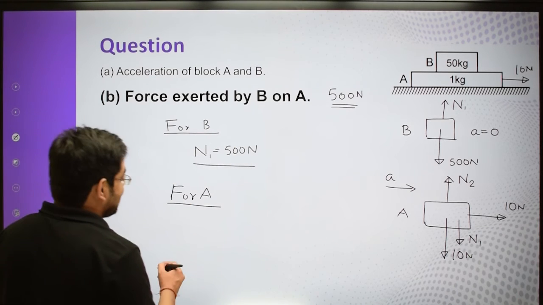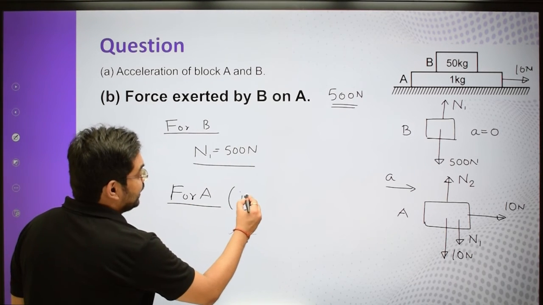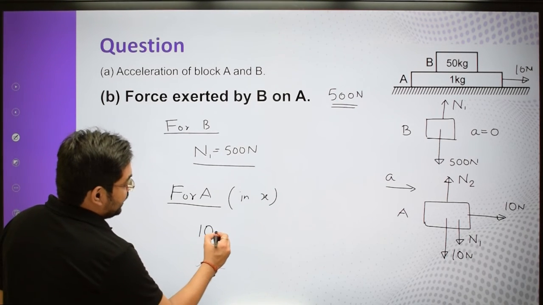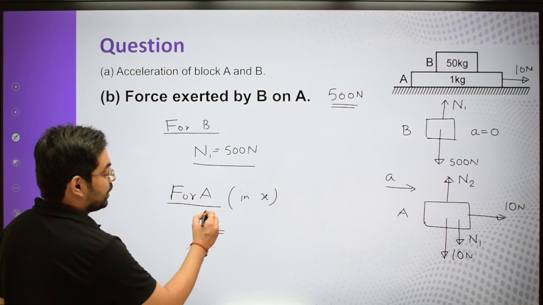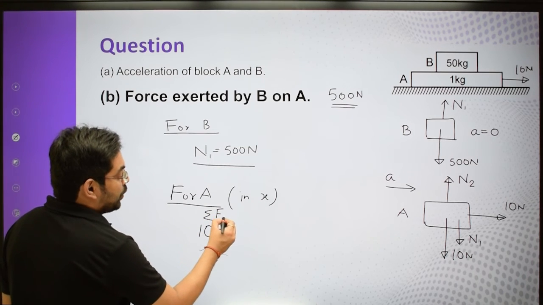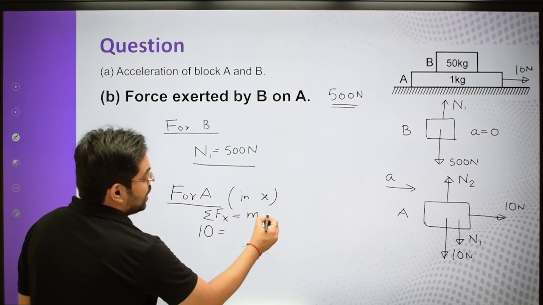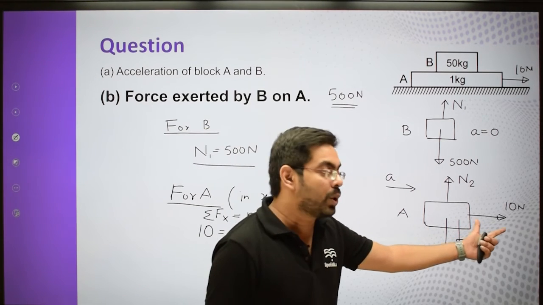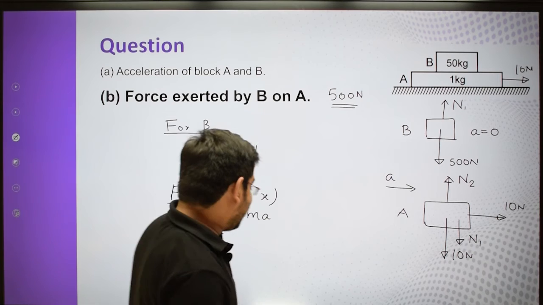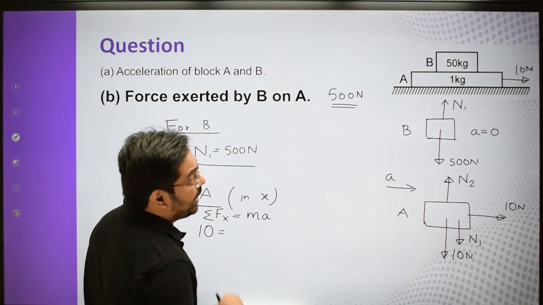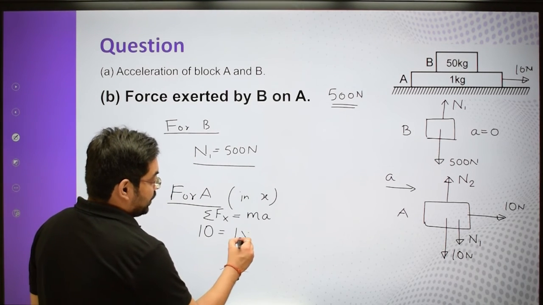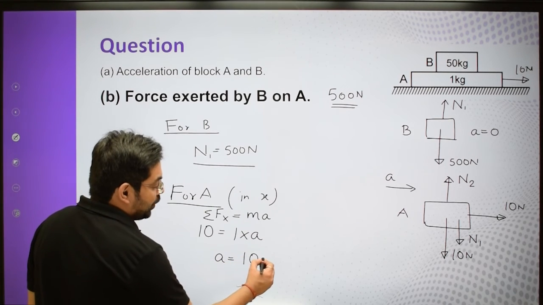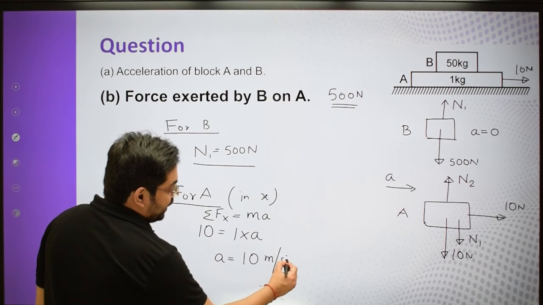So if I write along the x axis, what can I write? 10 is equal to mass into acceleration. What we are writing? Summation of force in x direction is equal to mass into acceleration. So in the x direction, if I talk about this block, only one force is there which is 10 Newton. So 10 is equal to the mass of block A, which is 1 kg only, so 1 into a. So a will have an acceleration of 10 meter per second squared.